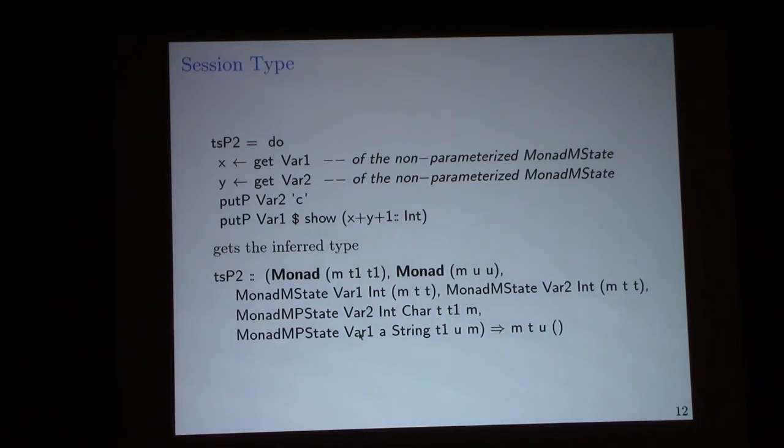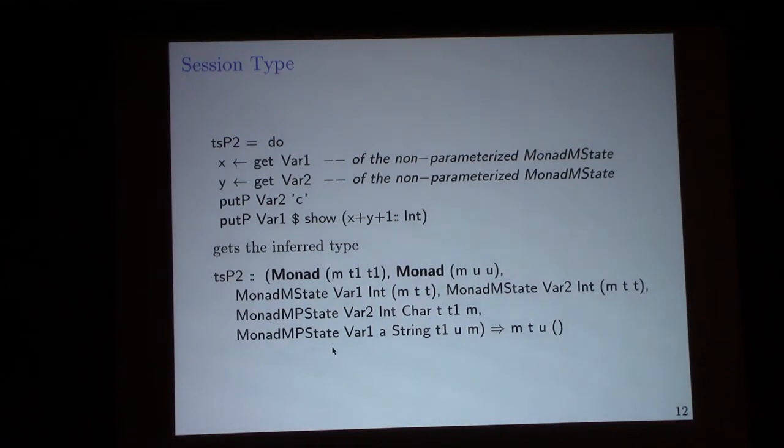Then in var1, the type advanced from t1 to u, and var1 became a string. If you look at this type, it looks quite like session types, right? It progresses: we first do that, then that, then that. And this type is inferred, actually.